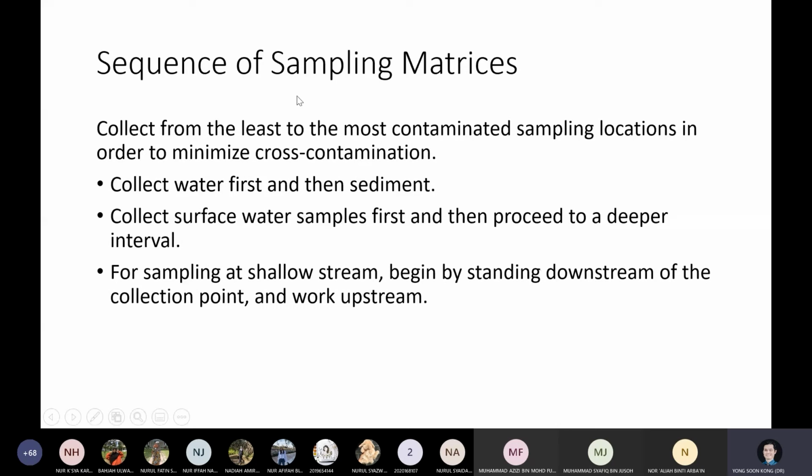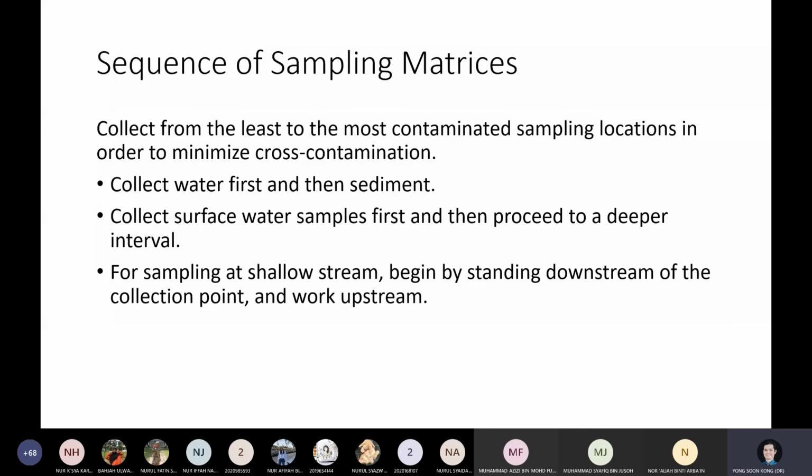Okay, sequence of sampling matrices. In this slide onwards, we're going to learn what things we need to sample first and what things we need to sample later, in a way that minimizes interference or contamination. In sampling, you cannot run away from sampling other matrices.